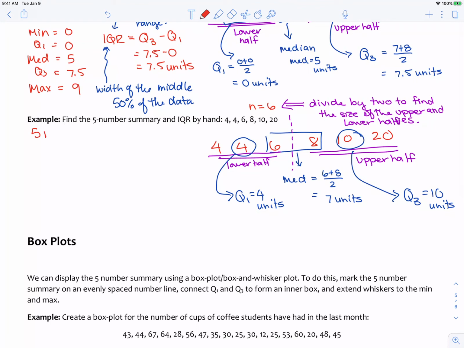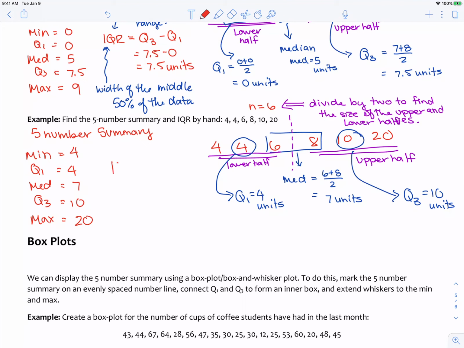So 5-number summary: we're going to have our min, Q1, median, Q3, maximum, and then we can read that off of our ordered list. The minimum is 1, Q1 is going to be 4, the median is 7, Q3 is going to be 10, and the maximum is 20.